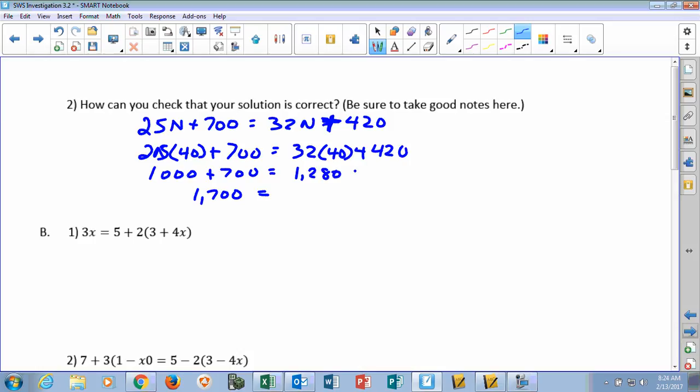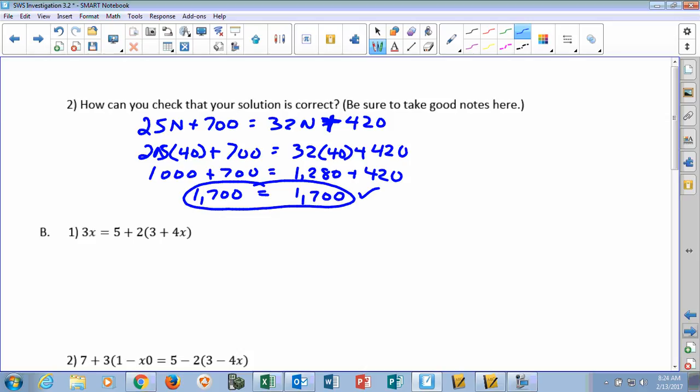So 1,280 plus 420 is, hopefully, 1,700. Is it? Yes? All right, so it checks because the left side equals the right side. That's how we check it: we plug it back into our equation. And why not plug it into the part we already distributed and combined like terms, instead of the very beginning where you have to do all that extra work? Work smarter, not harder.